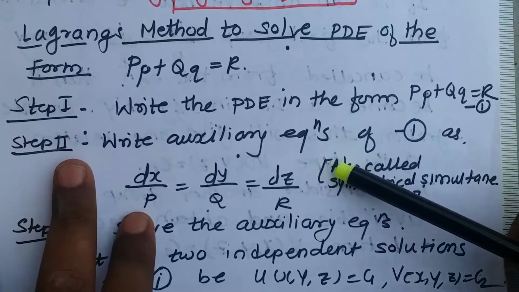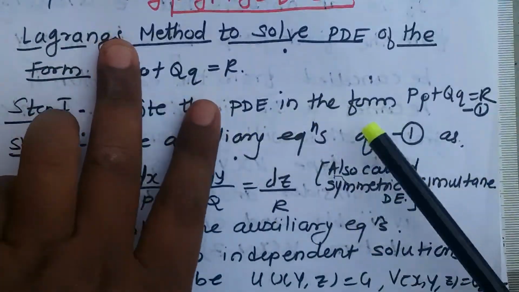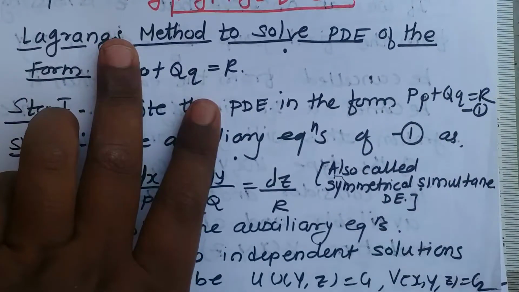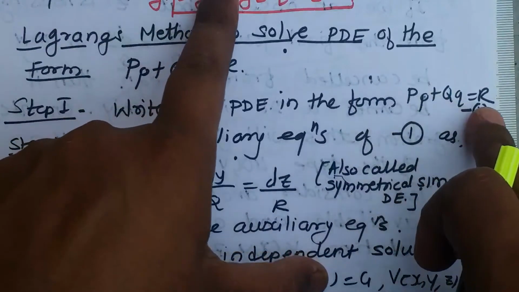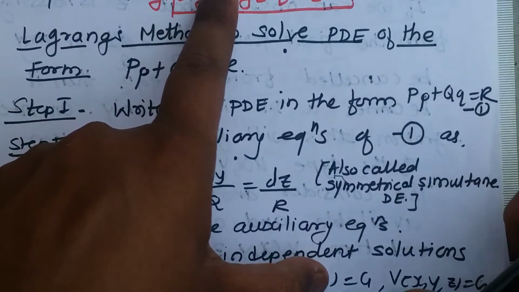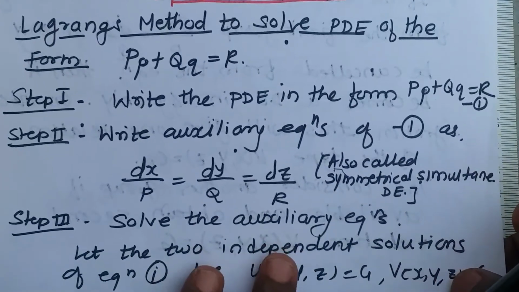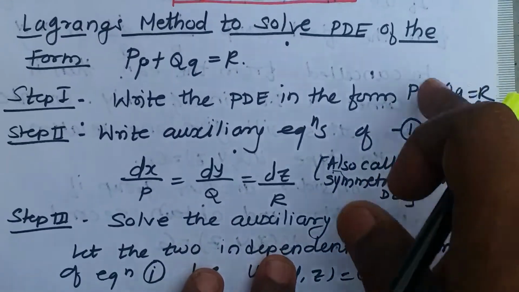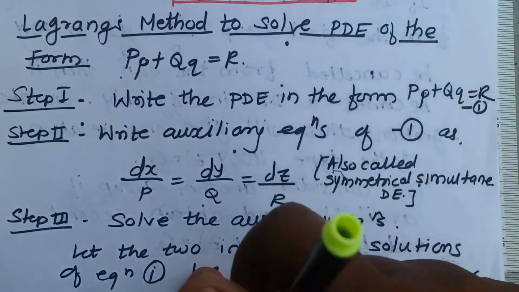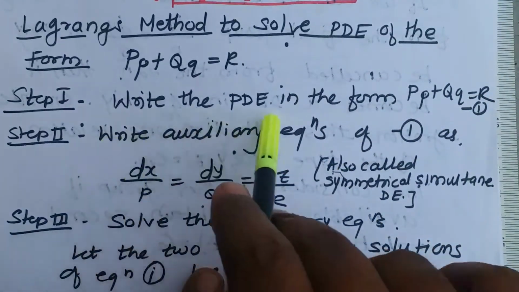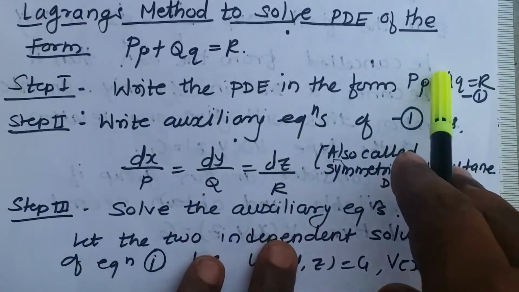Step number 1: first you need to write the given partial differential equation in the form Pp plus Qq equal to R. Unless you have your differential equation in this form, you cannot identify the values of capital P, Q and R. We need those values for the calculation. After writing the equation in this form, we get the values of P, Q, R. Now using these values, we write the auxiliary equations of equation 1.